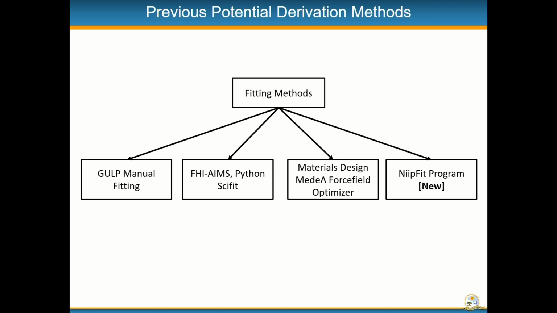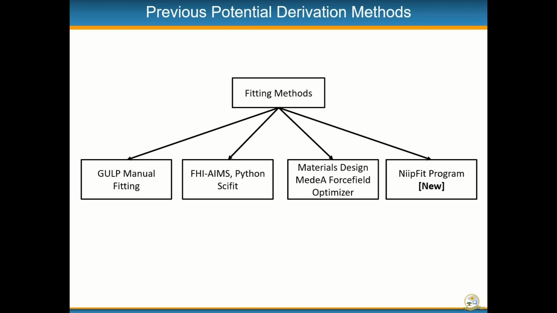And then we have used other methods like FHI-aims. FHI-aims, I think it's a DFT-based code. So what we would do here is calculate total energies, and then we would use some Python scripts to try to get our force fields.